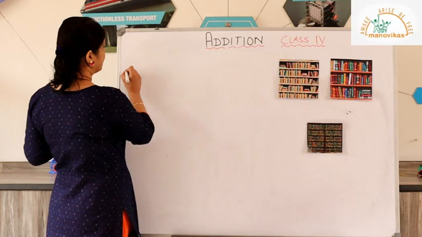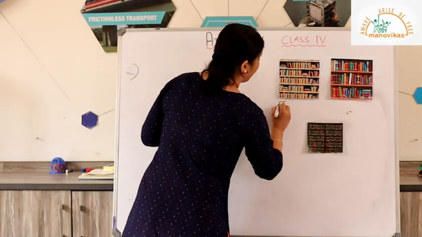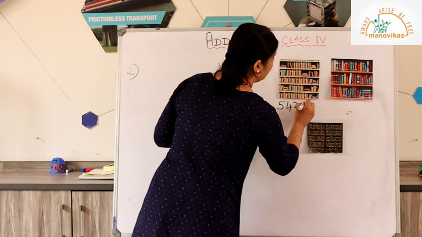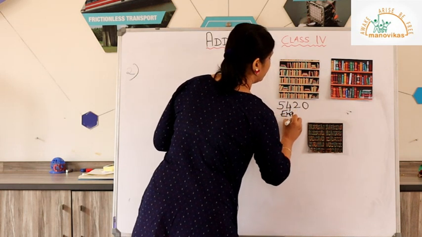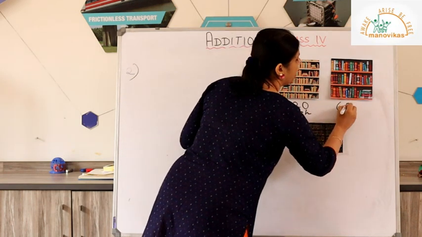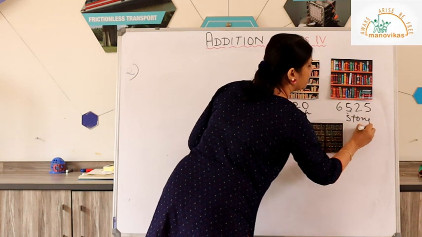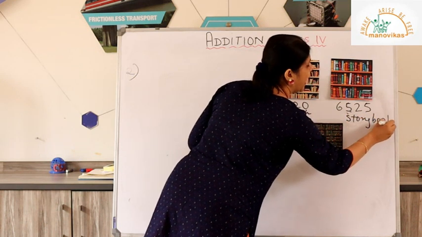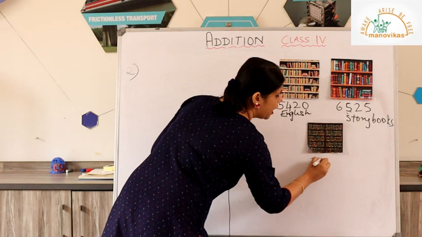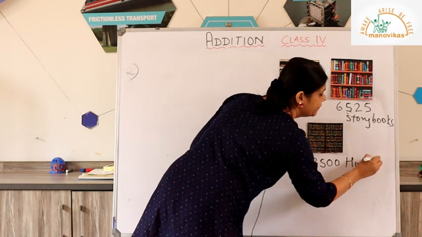Now take the second example. Say in a library there are 5,420 English books, 6,525 story books and 3,500 Hindi books, right?